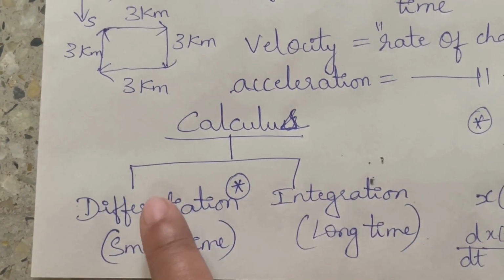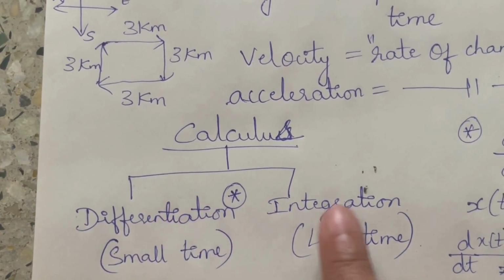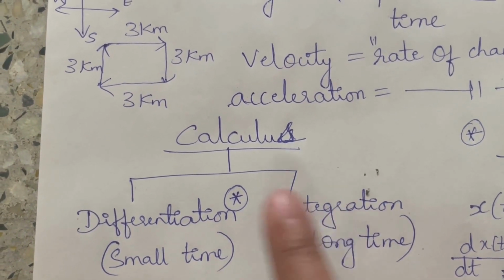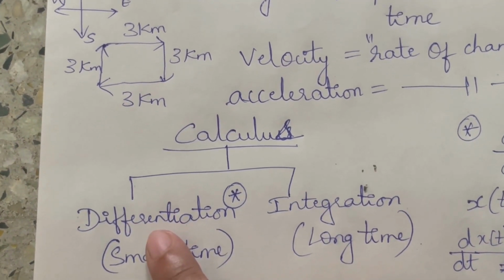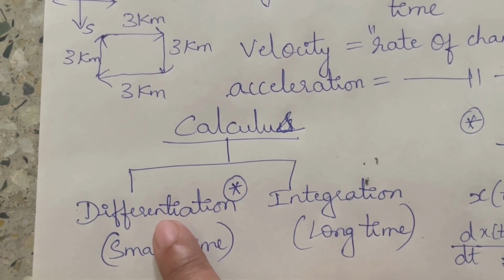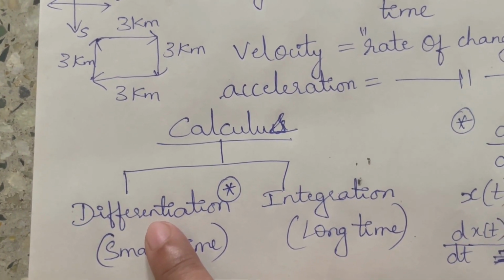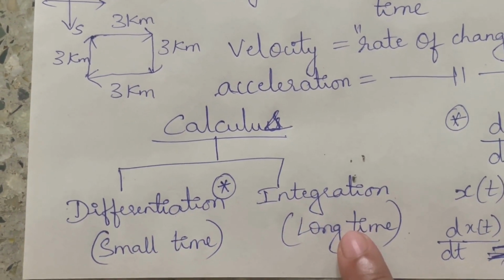Calculus, you can say there are 2 main parts to it. One is differentiation, second one is integration. That is, here we are seeing with respect to a very tiny amount of time. What happens in a very small amount of time? If you want to see that, we do differentiation. Here we are integrating.